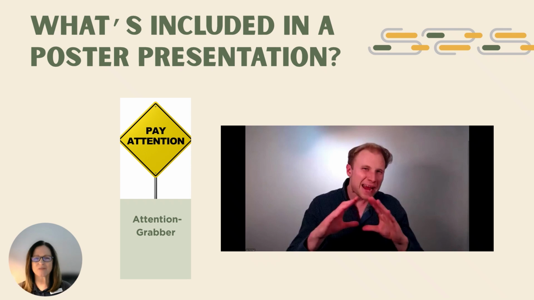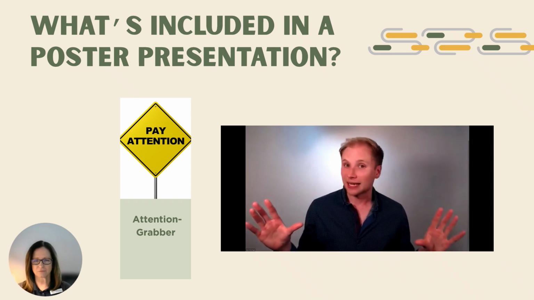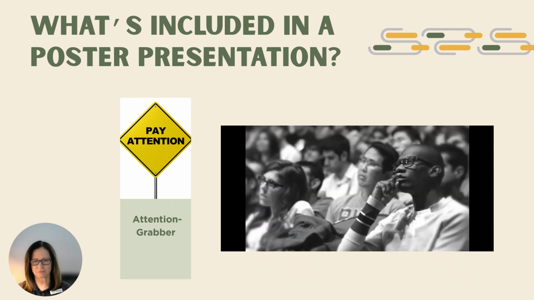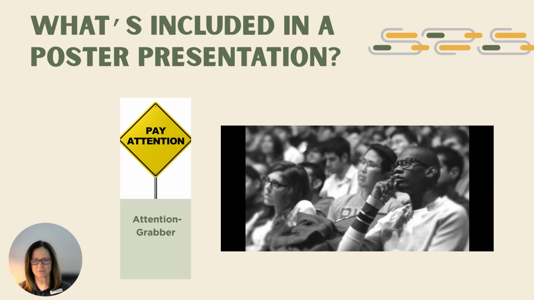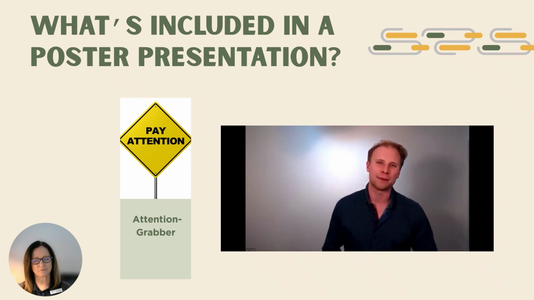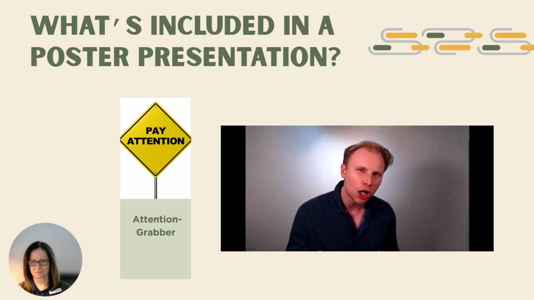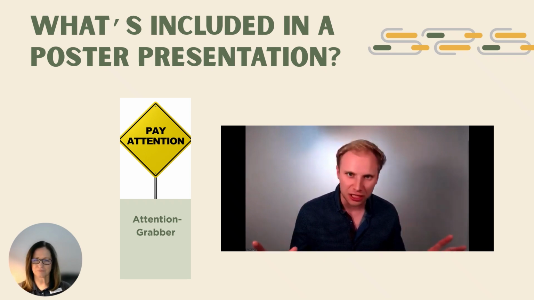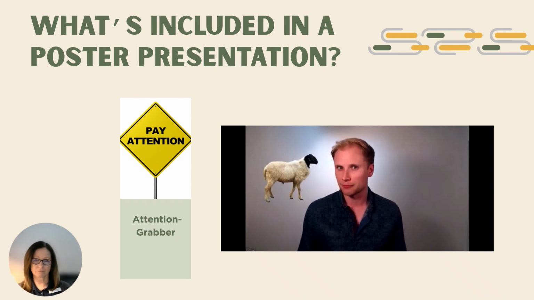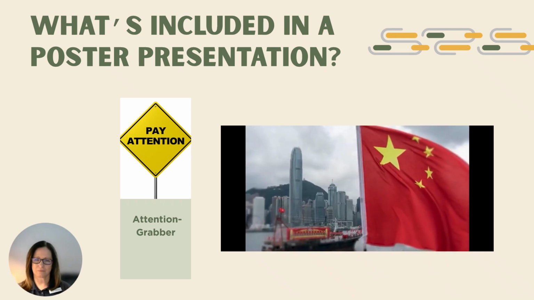Here's an example of one way to do that using what he calls the cliffhanger. The cliffhanger is when you make a statement at the start of your presentation that creates a question in your audience's mind. For example, with our countries, I could say, there is one country in the world that has 186 million sheep. That country is China.